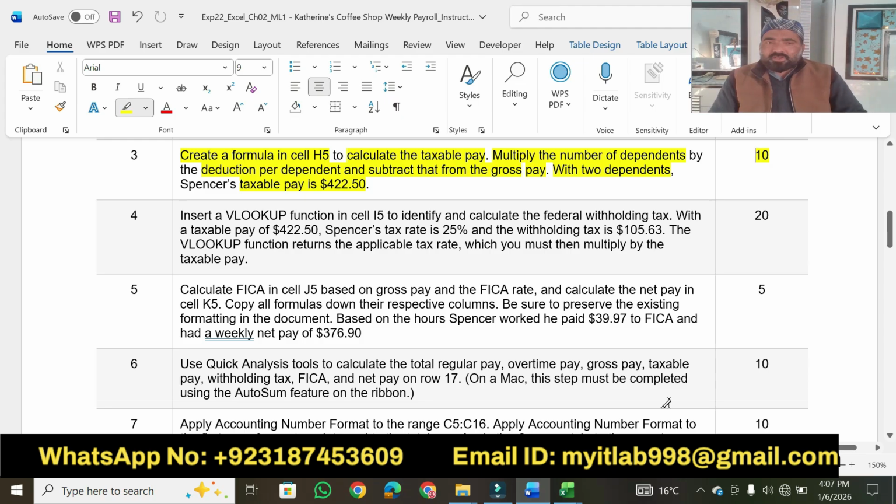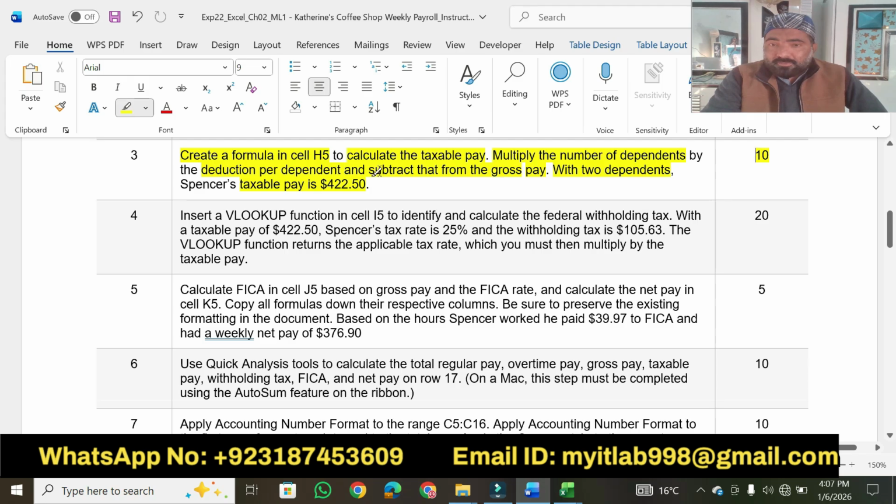So in question number 3 we have to create a formula in cell H5 to calculate taxable pay. For taxable pay we have to multiply the number of dependents by the deduction per dependent. First we multiply the number of dependents by the deduction per dependent, and we have to make the deduction per dependent absolute. Then after getting the result, we have to subtract that result from the gross pay.